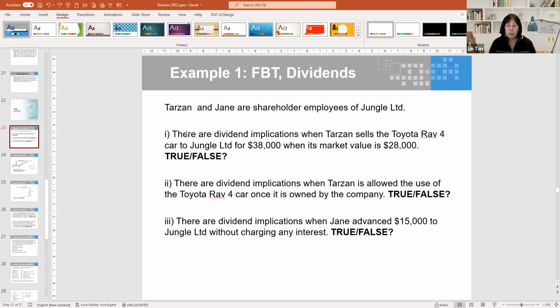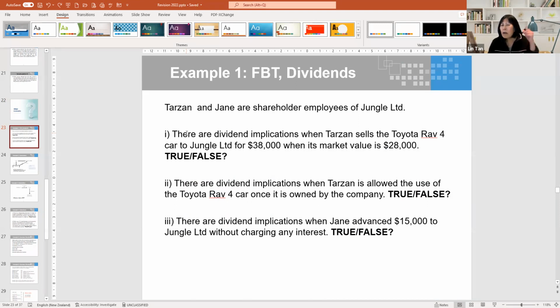Now this is the topic on fringe benefit tax and dividends. And of course, we also did cover employment income. You need to have a good understanding of which regime they actually fall under. All right, so this is a question that tests your understanding of that.